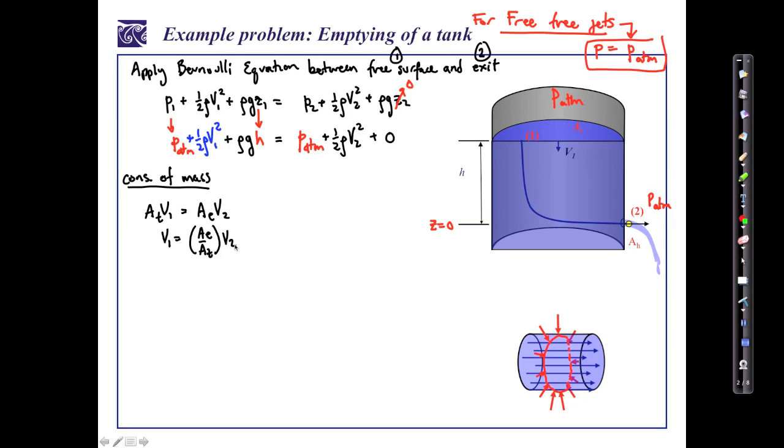So carrying this through, we could write, first of all, this atmospheric pressure will cancel out, and I will have now AE over AT times V2, and these quantities get squared, times 1/2 rho, plus rho GH is equal to 1/2 rho V2 squared.